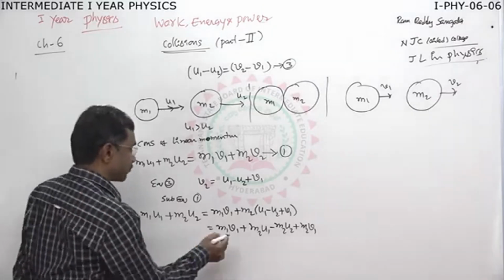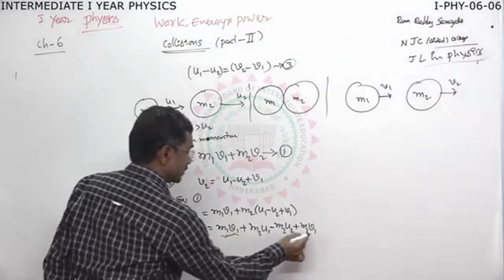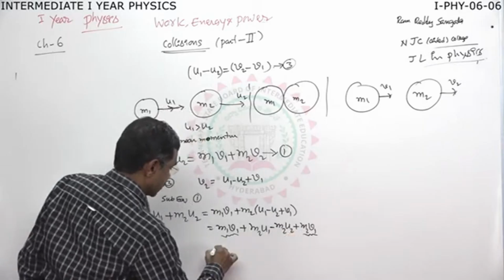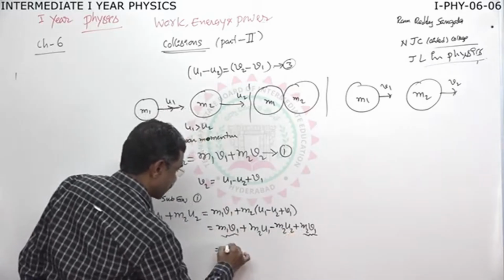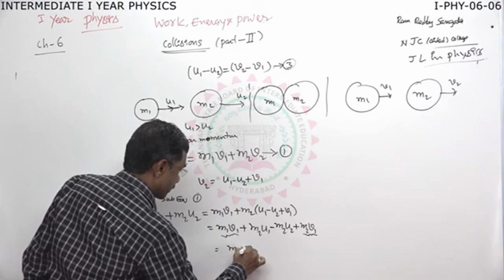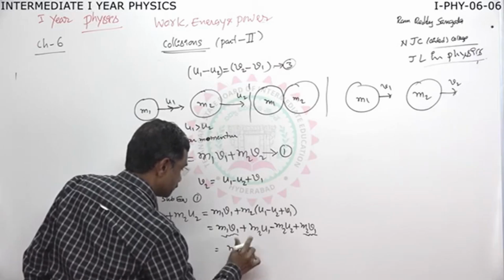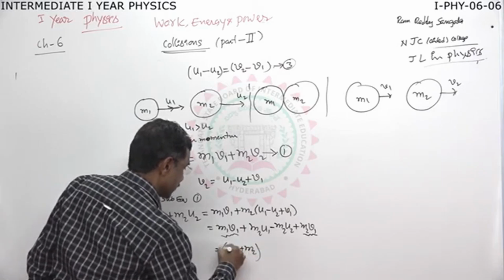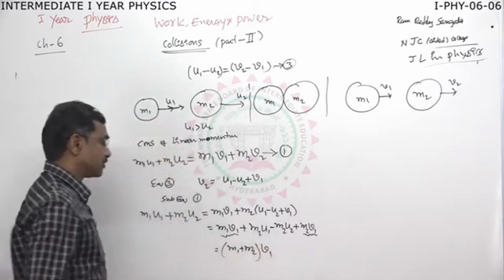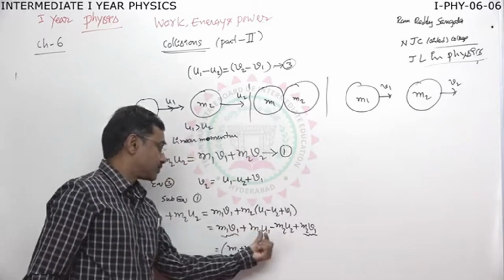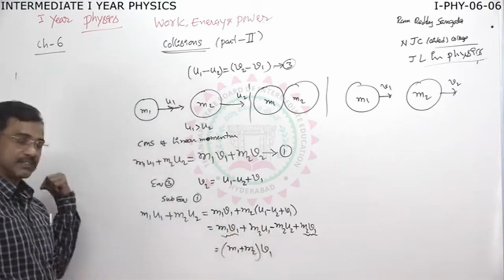Now we want the equation for V1. V1 is here and V1 here. These two terms, you take V1 common: m1 plus m2, and V1 is taken common. The remaining two terms, I'll bring to this side.